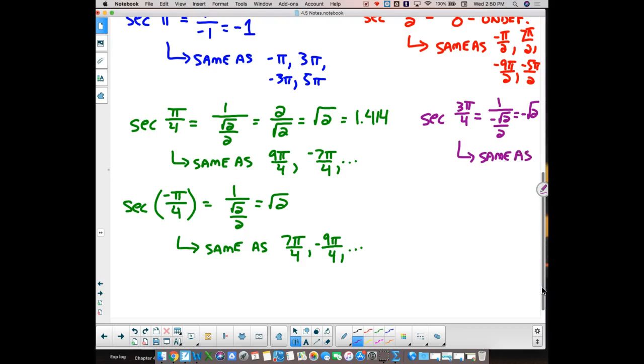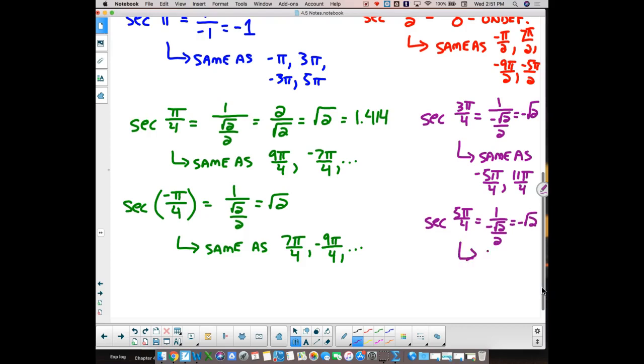And that one's the same as negative 5 pi over 4, 3 pi, 11 pi over 4, and so on and so forth. Negative 13 pi over 4. And the secant at 5 pi over 4 is going to be the same.